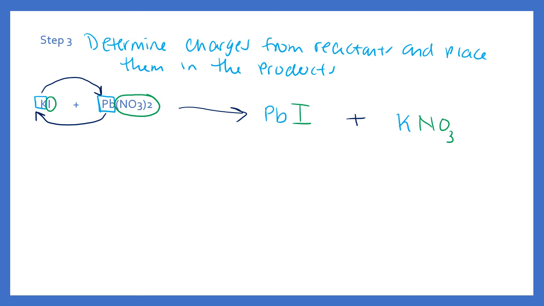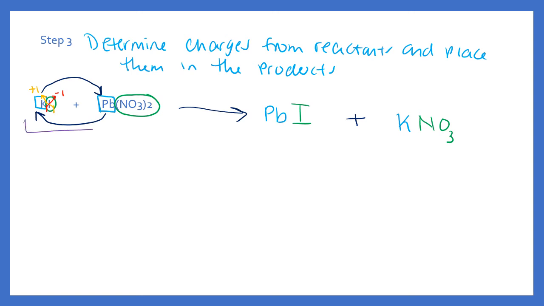And now it's time to determine charge. So let's take a look. There's a 1 after that K, and there is a 1 after that iodine. So we reverse crisscross. Potassium takes a +1 charge. Iodine takes a -1 charge. So I'm going to carry those over to the product side.